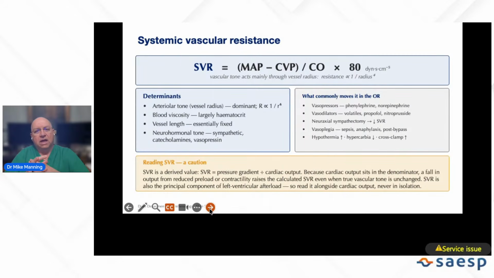And kind of the classic teaching for that is in patients with severe sepsis and you have vascular dilation, the cardiac output will go up significantly and you'll have a high throughput cardiac failure where the tissues aren't able to extract oxygen as efficiently. And so you'll have a worsening acidosis despite the fact that you have a very high cardiac output or a normal cardiac output.